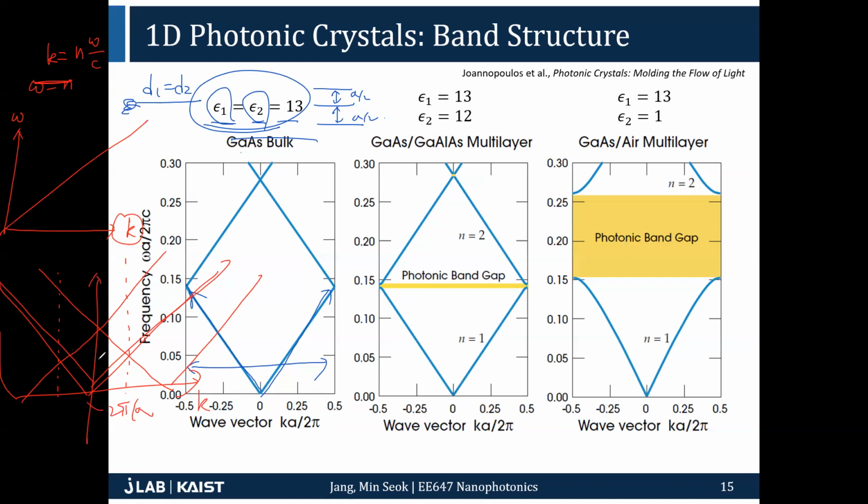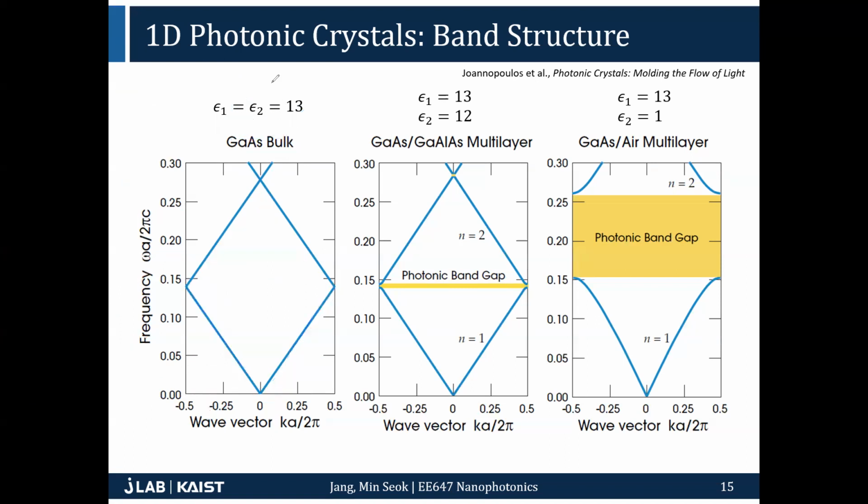So this effectively gives you this line and that line and so on and so forth. Okay, so this is how your photonic band structure looks when there is no difference, like epsilon 1 and epsilon 2 are the same, basically the free material.